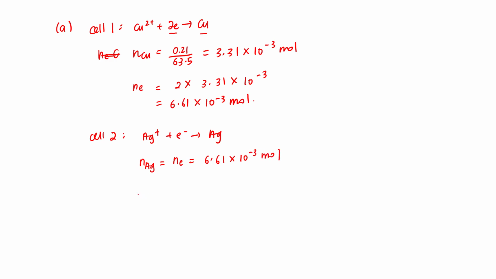So lastly, in order to get the mass of silver, all we have to do is to multiply this number of moles by the Mr of silver. So 107.9. This will then give us 0.714 grams. So this is the mass of silver deposited in cell 2.